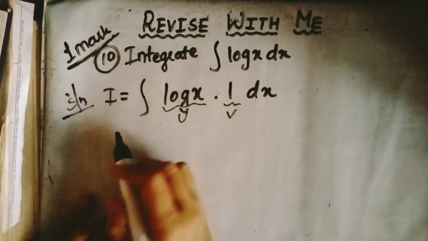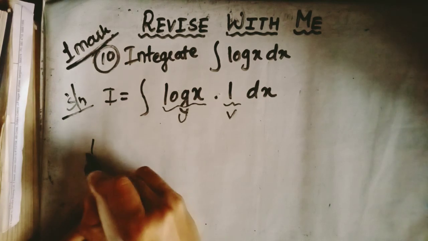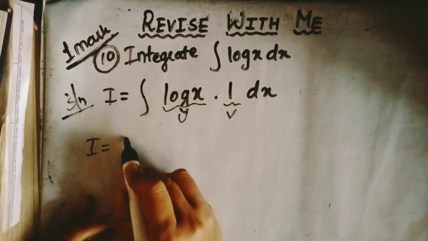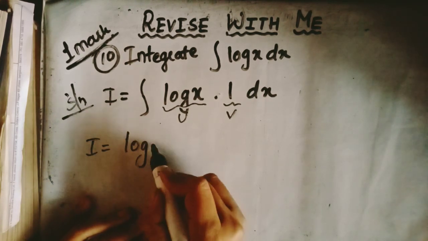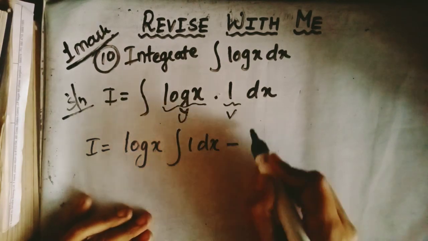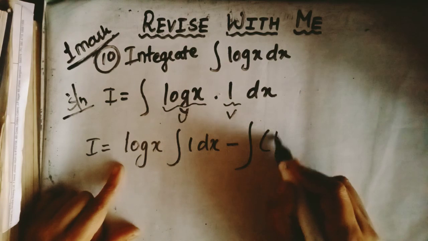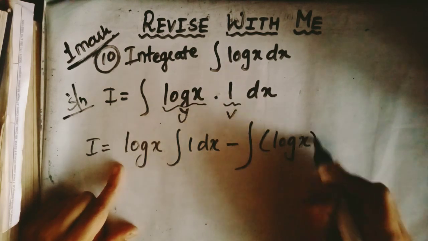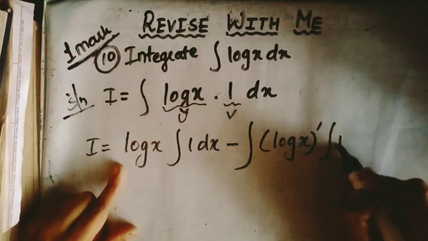So integration by parts: u times integral of v, minus integral of derivative of u into integral of v.